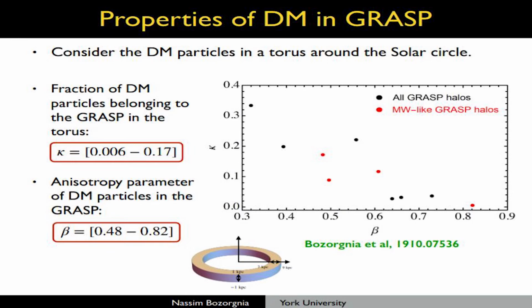But the interesting thing is that the anisotropy parameter here never reaches 0.9, but it's a range between 0.5, let's say, to 0.8. And what we also found, which goes against having a big effect for direct detection, was that the larger the fraction of this sausage, the lower the anisotropy parameter of it.